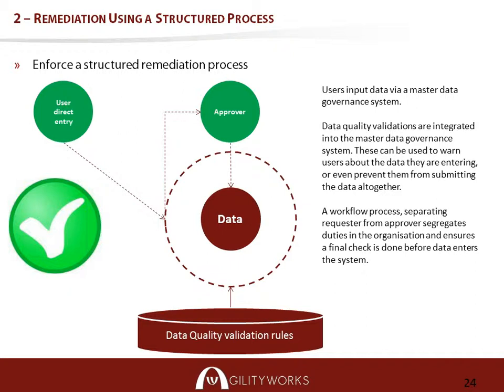So what we're suggesting here is that our remediation process involves two things. One is the audit trail, or the security that comes with a requester/approver process. So the difference between someone that changes the data and someone that approves the change in the system.